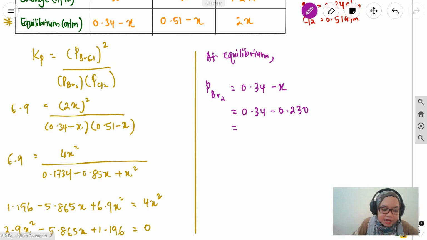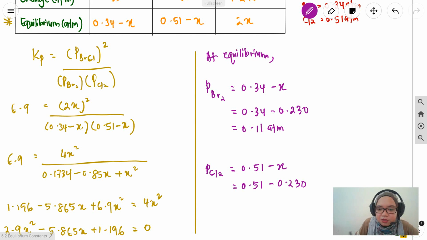So you will get 0.11 atm. For partial pressure of Cl2, it is 0.51 minus x, where it is 0.51 minus 0.230, and you will get 0.28 atm.